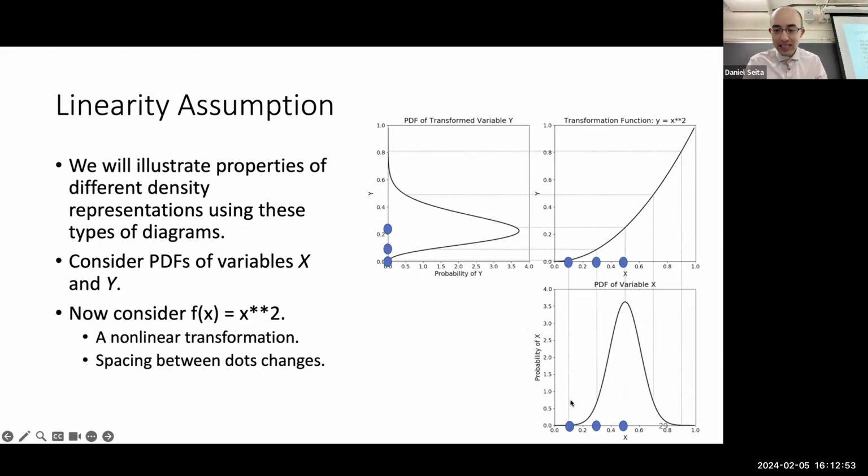So the spacing between 0.1 and 0.3 is going to change, and these two will get relatively closer to each other. And you'll notice that the PDF of y is no longer a Gaussian. It's not symmetric around some value anymore.